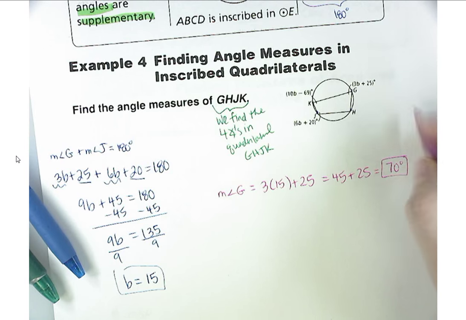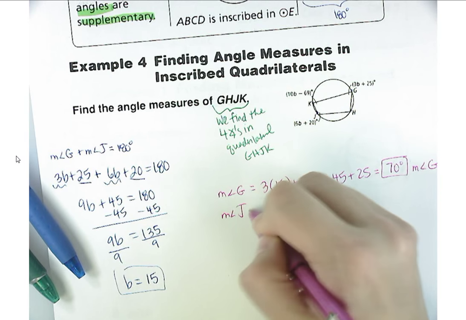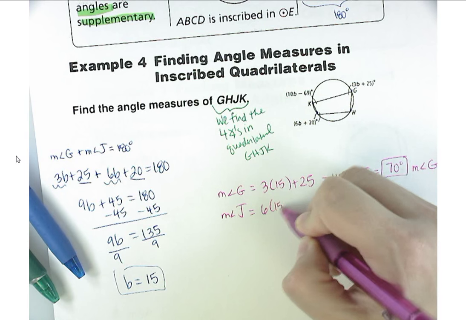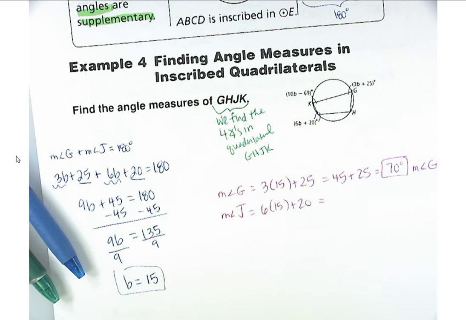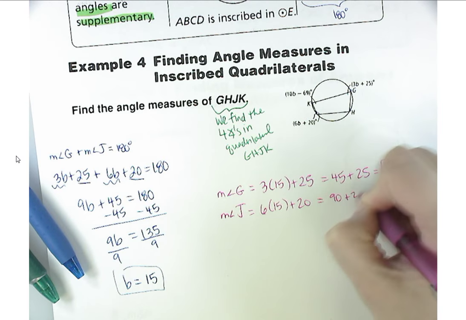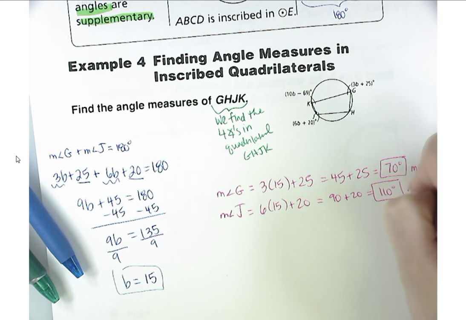That is the measure of angle G. I can also find the measure of J, which is 6B plus 20. You guys know what 6 times 15 is? 90, because if you multiply 15 by 3, you get 45, and 45 and 45 is 90. 90 plus 20 is 110, and that's angle J.